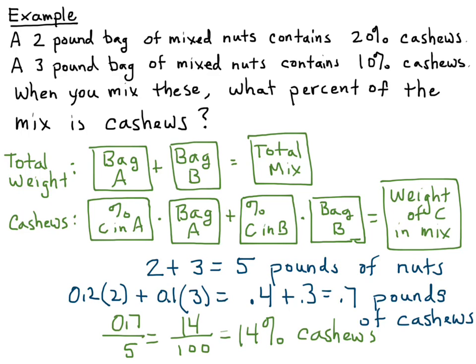And so when I calculated this, I got 0.7 equals C times 5, or 0.7 divided by 5 equals C. So I just left that off, okay?